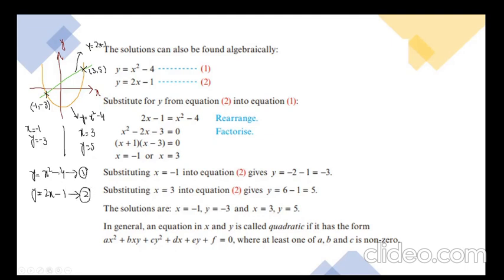Now compare both equations, equation 1 and 2, there must be x square minus 4 equals 2x minus 1.